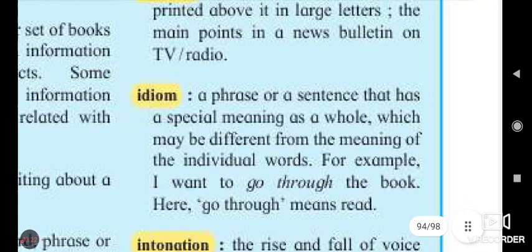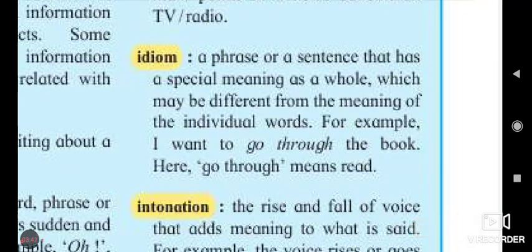Idiom means a phrase or a sentence that has a special meaning as a whole, which may be different from the meaning of the individual words. I want to go through the book. Here, go through means read.